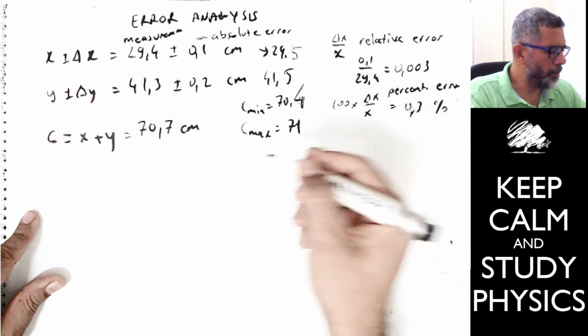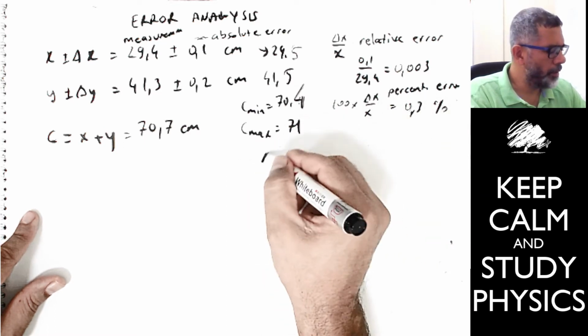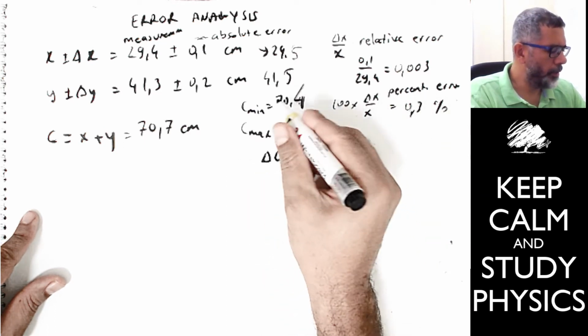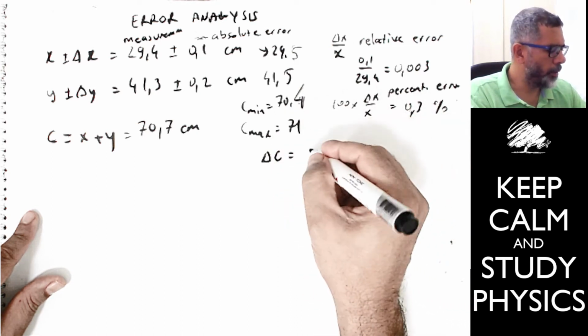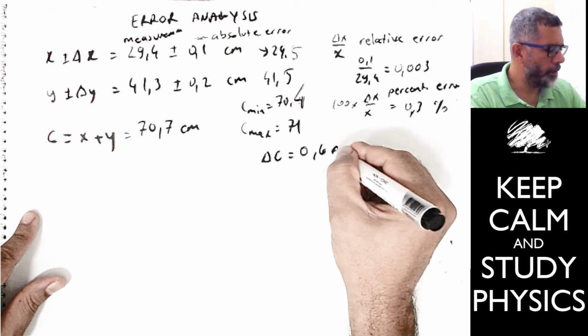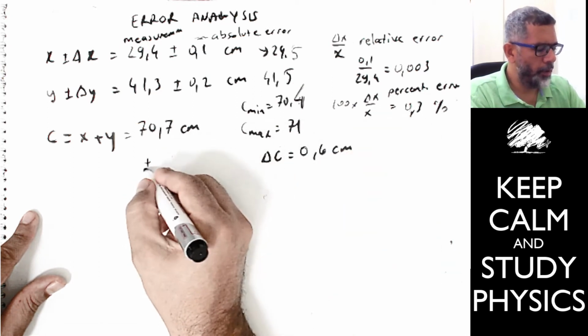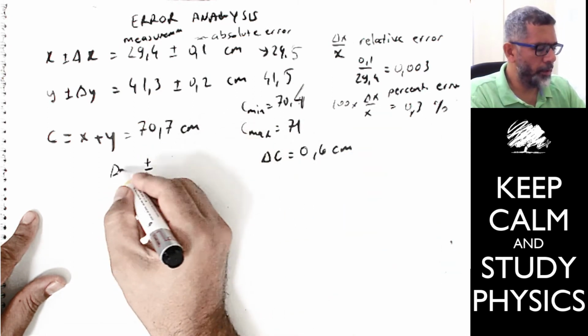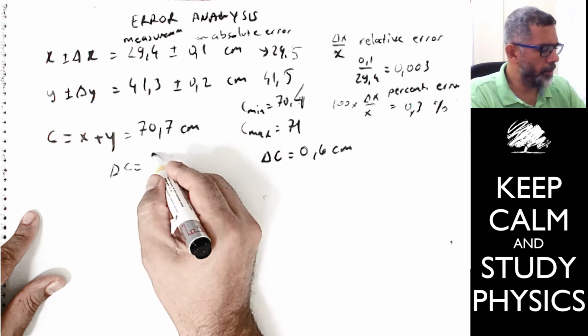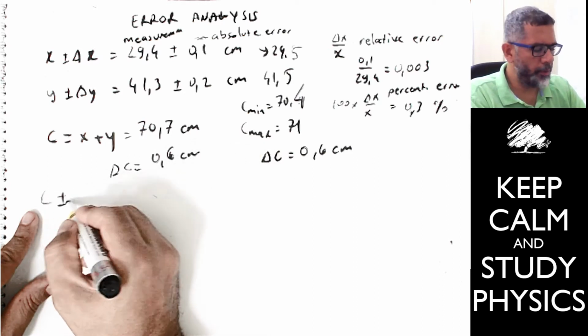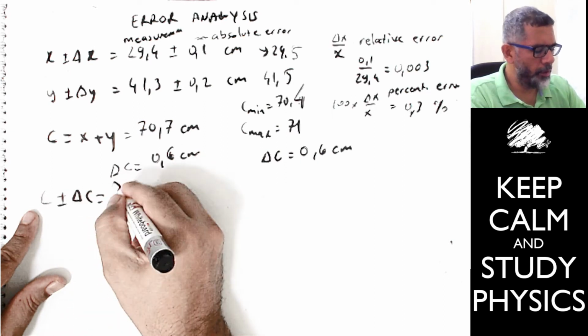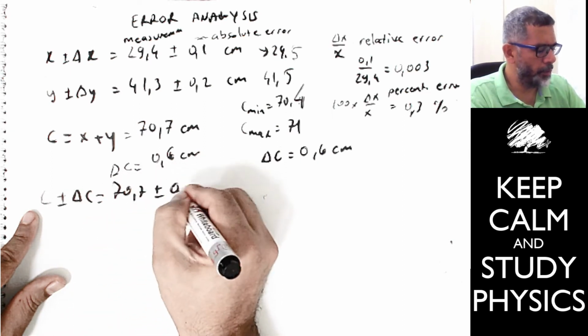You can take the difference, delta C, between the minimum and maximum value. In that case, it's 0.6 centimeters. So you can record C plus minus delta C to be 70.7 plus minus 0.6.